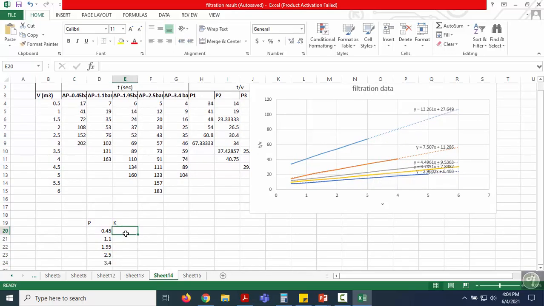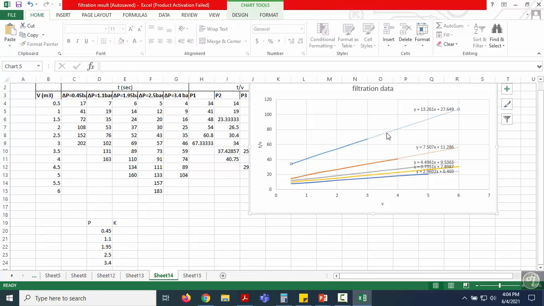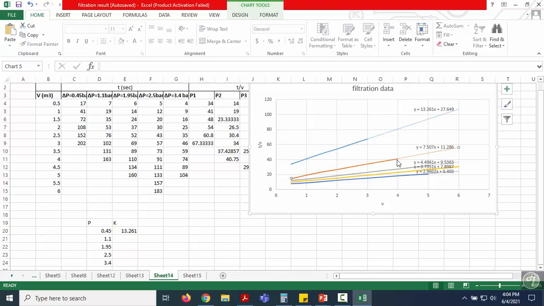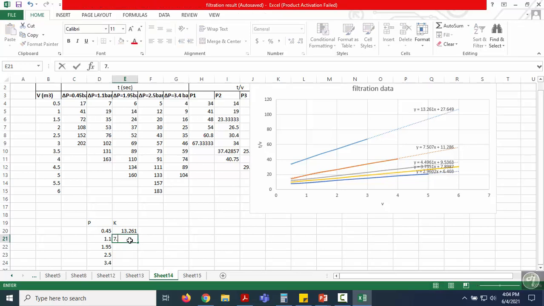Then K, which is the slope, for P1 will be 13.261. For P2, K2 will be 7.5507.